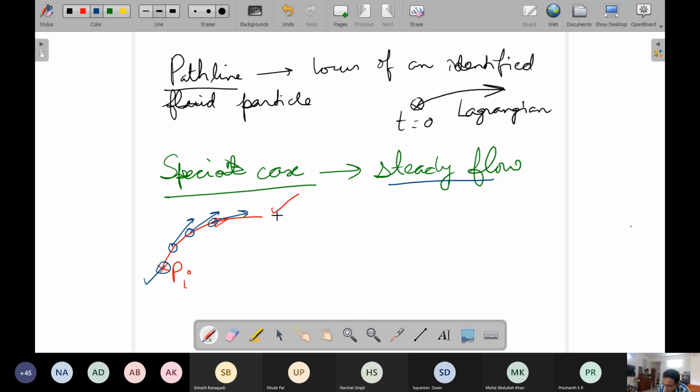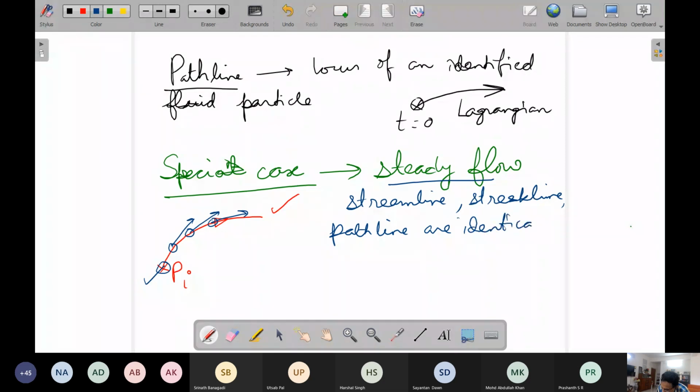So it is all constrained to move along this. So what it means is that for a steady flow, the streamline, streak line, and path line are identical.